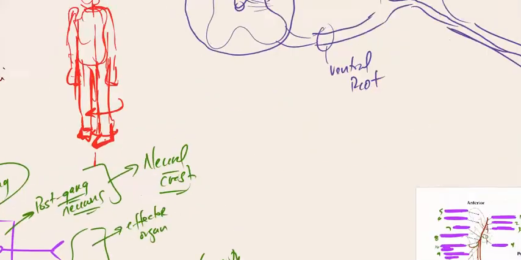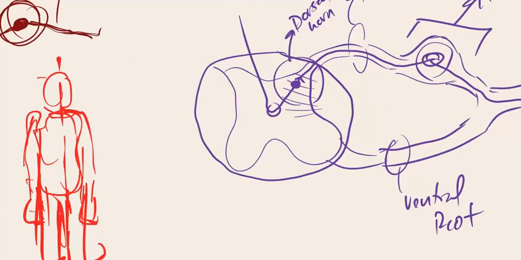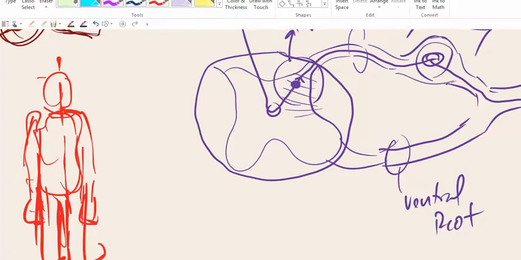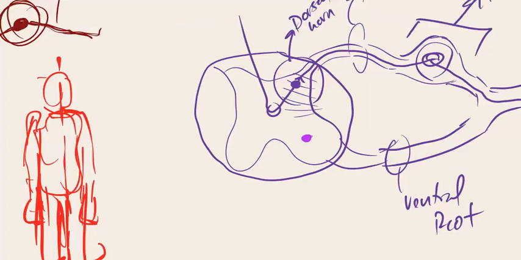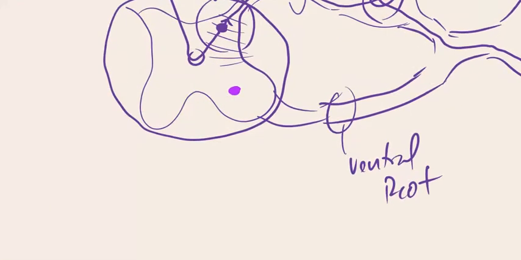Let's go back here. So the neuron would be here. Let's say this is the descending tract. I'm not 100% sure this is technically right, because you're going to learn about the tracts and how they move later on. But the idea is that you have the axon coming from the motor cortex synapsing onto Rexed lamina 9.